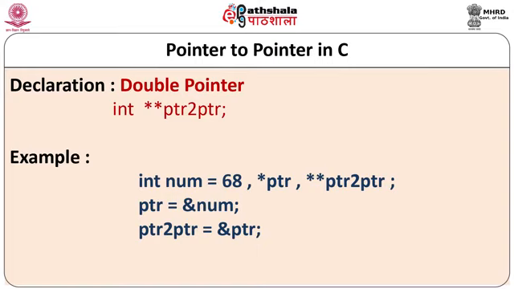We are also declaring an integer single pointer and an integer double pointer, that is ptr_to_ptr. ptr = &num and ptr_to_ptr = &ptr. The meaning of this is the pointer stores the memory address of variable num, whereas the pointer to pointer stores the memory address of the pointer where the num variable's address is stored.